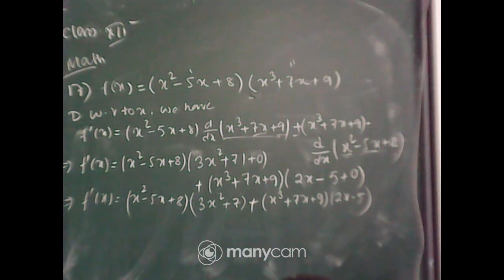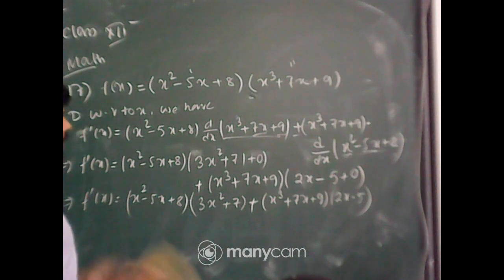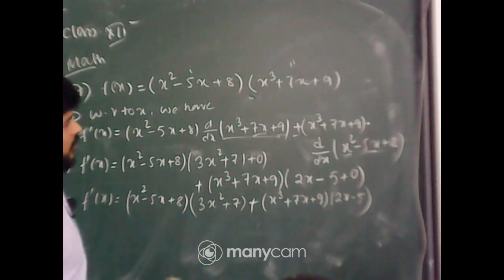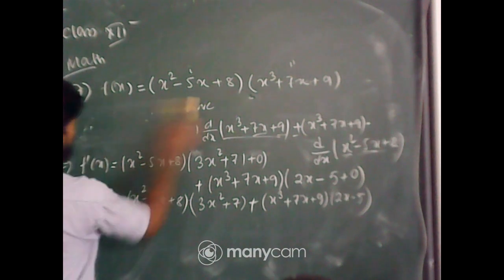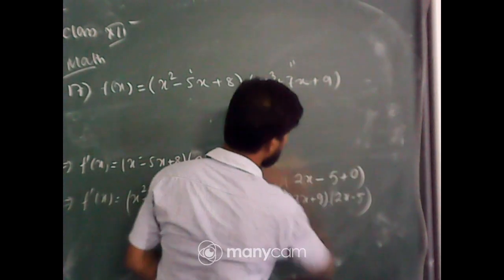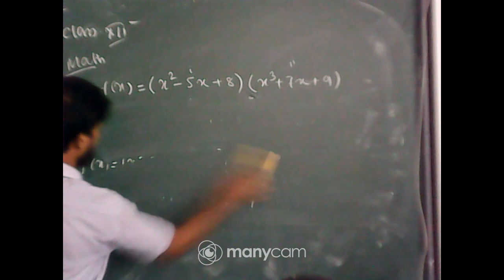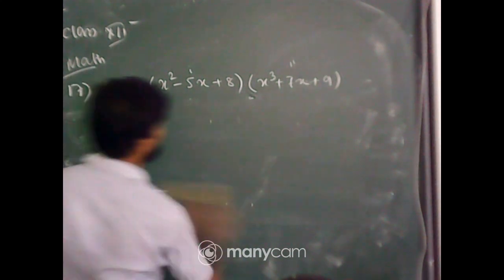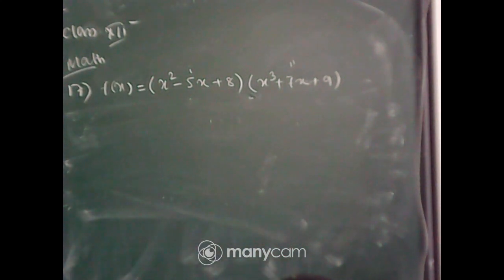No problem. Okay, now we will differentiate the same function by expanding the product into a single polynomial, and then we will calculate the differentiation. So I am rubbing this. Now do one thing.